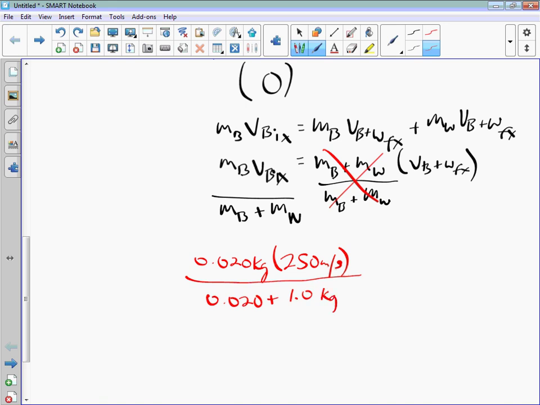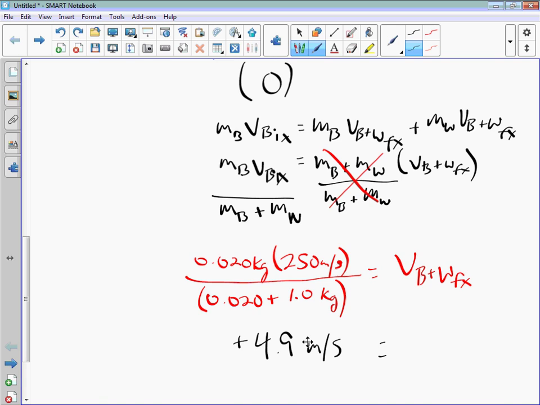Or you could just say 1.020 kilograms. That's going to equal the velocity of your bullet plus your wood final in the x direction. You end up with an answer of positive 4.9 meters per second.